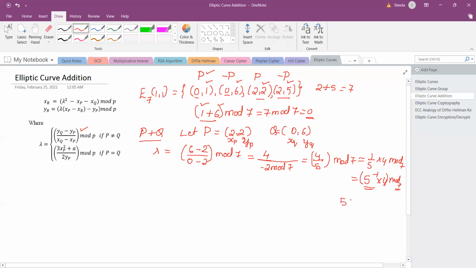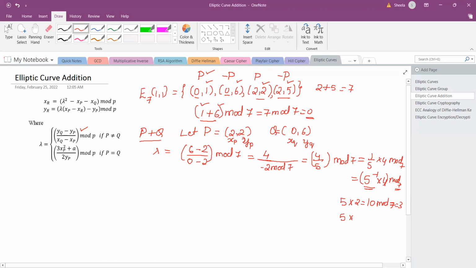So when I multiply 5 with 1, I'll be getting 5 only. 5 mod 7 is not equal to 1. If I multiply 5 with 2, we are going to get 10, and 10 mod 7 is equal to 3. So 2 cannot be an inverse.